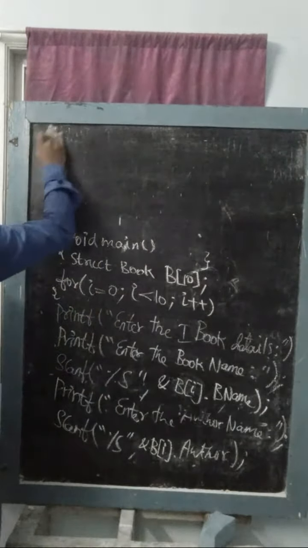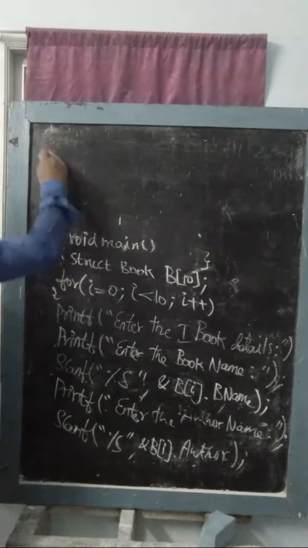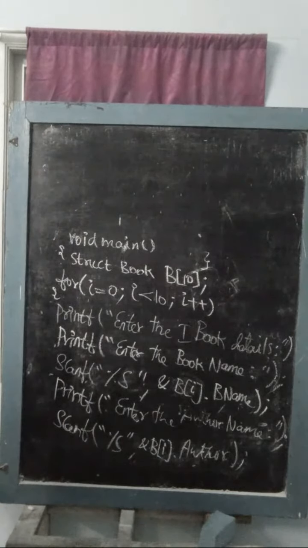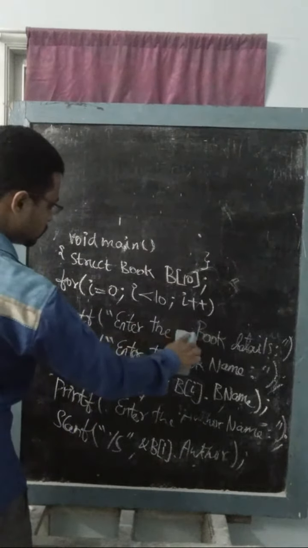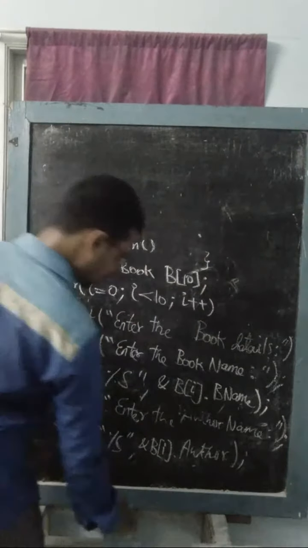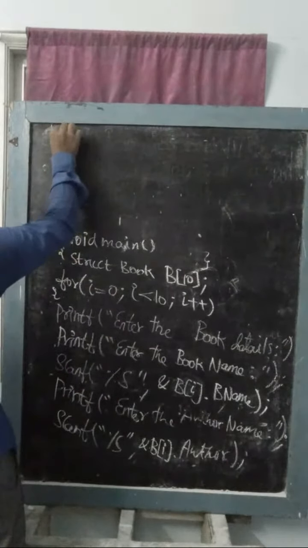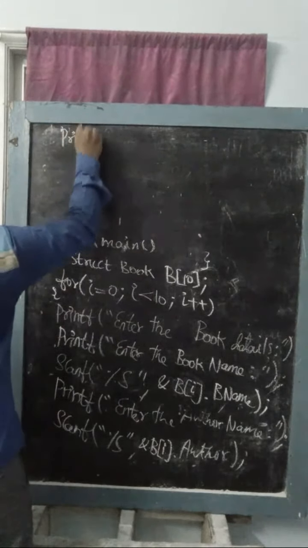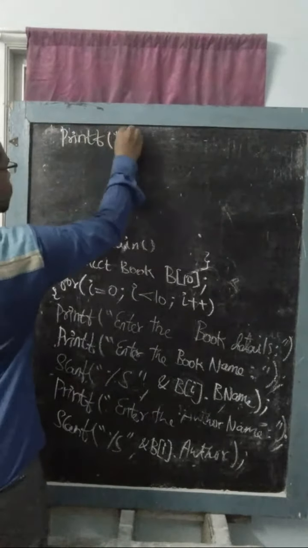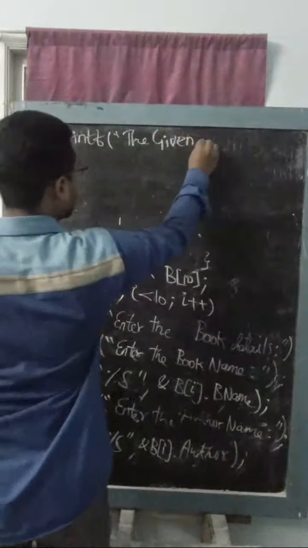So here you have to write for, or you just write like first book details. Okay. So now the given book details. I'm just writing here printf the given book details.